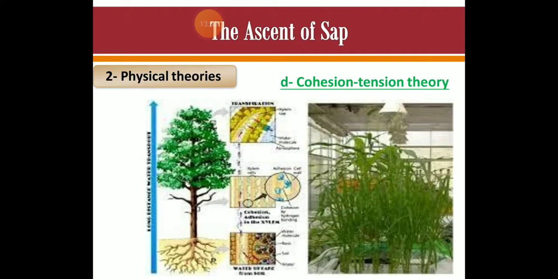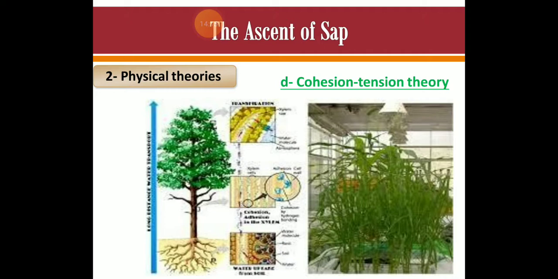All these theories mainly explain how the water molecules move in the plant from the root hairs to the upper portion. That was the main intention of all these theories.